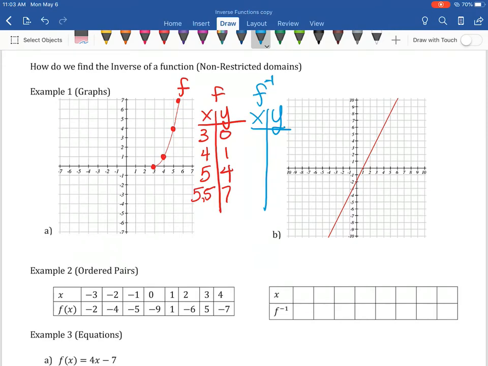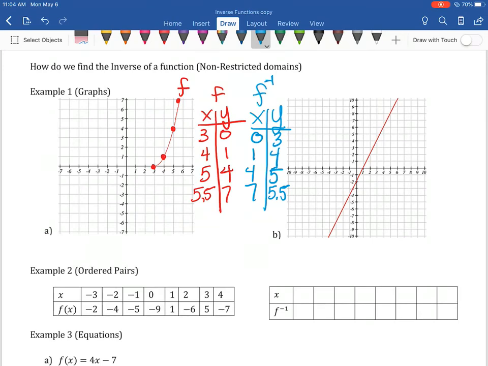So on my inverse function, I should have the point (0, 3). So (4, 1) would mean on the inverse I would have the point (1, 4). (5, 4) means on the inverse I would have the point (4, 5). And then the last point we would have (7, 5.5). So we're literally switching all the x's and the y's, and then we're replotting those points.